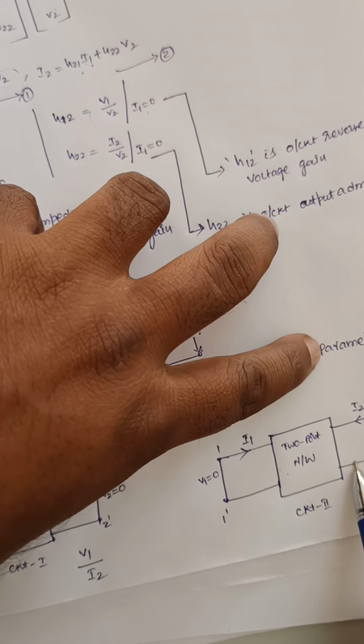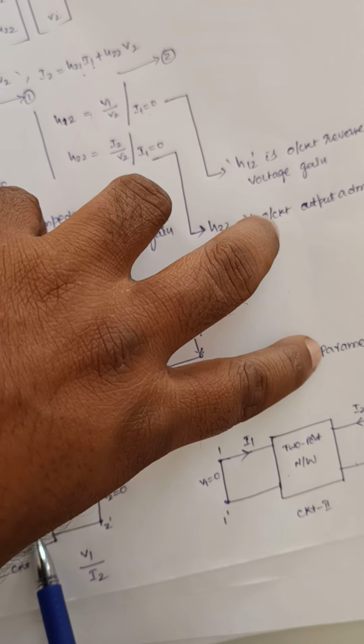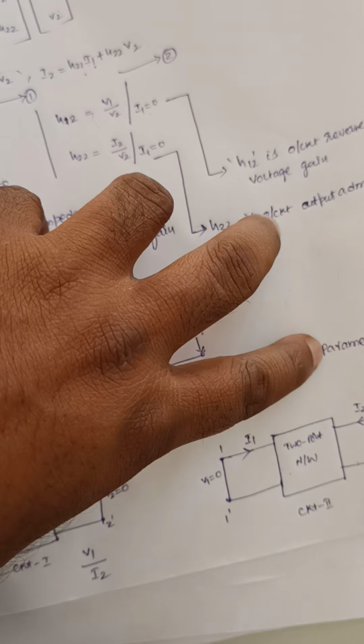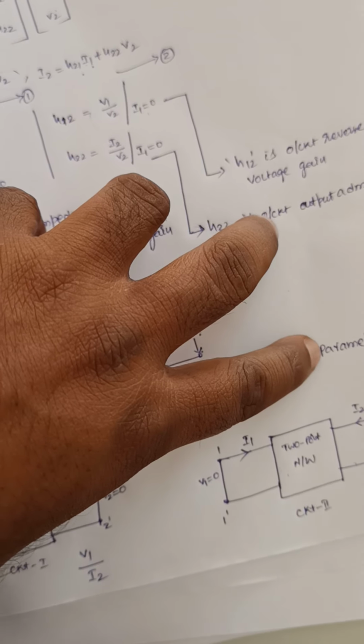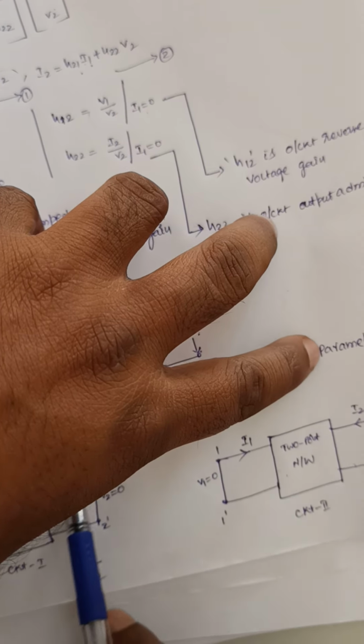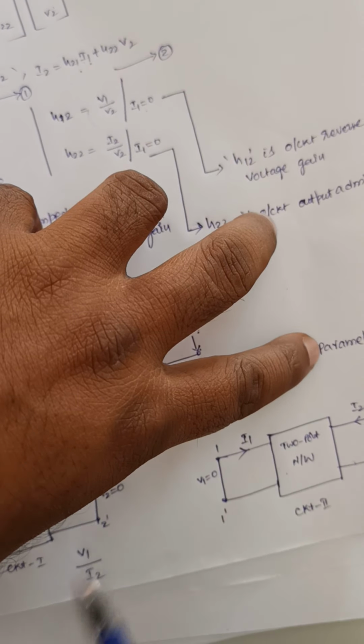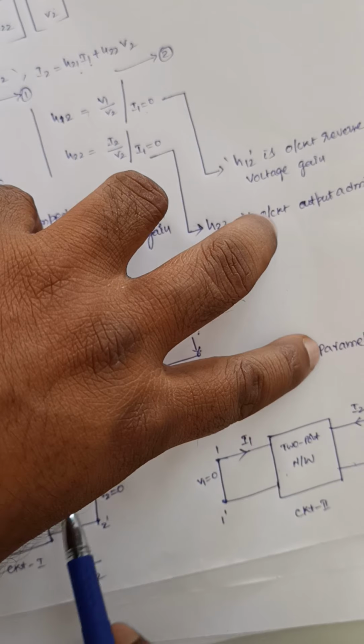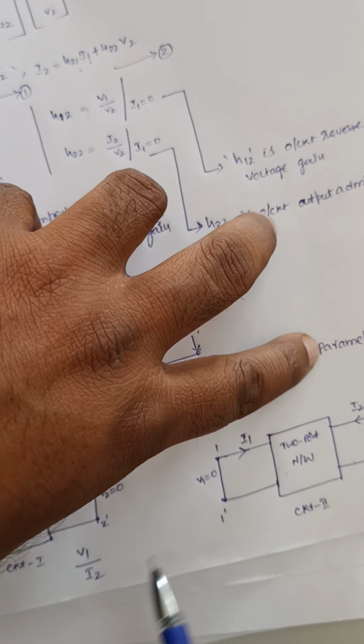What I mean to say here is, this two-port network is said to be reciprocal if and only if the excitation at one port to the response at the other port is same even when the excitation and responses are interchanged.